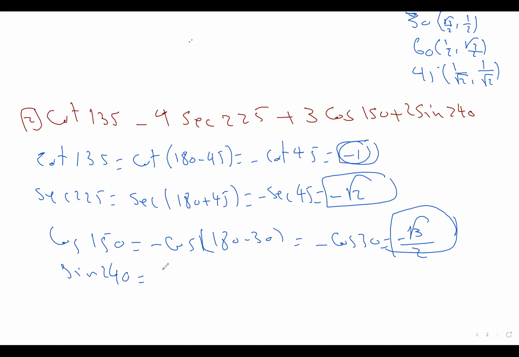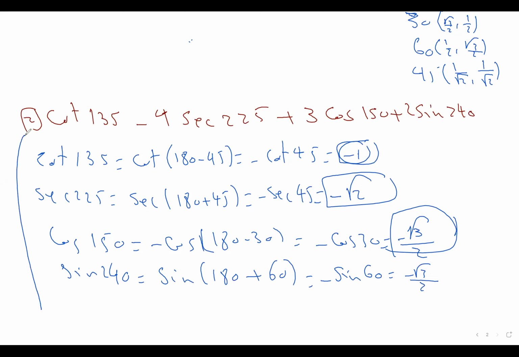Third quadrant. So it will be sine(180 plus 60); sine in the third quadrant is negative. It will be negative sine 60, which is negative root 3 over 2. Okay, so we have 4 values and we can find this expression.